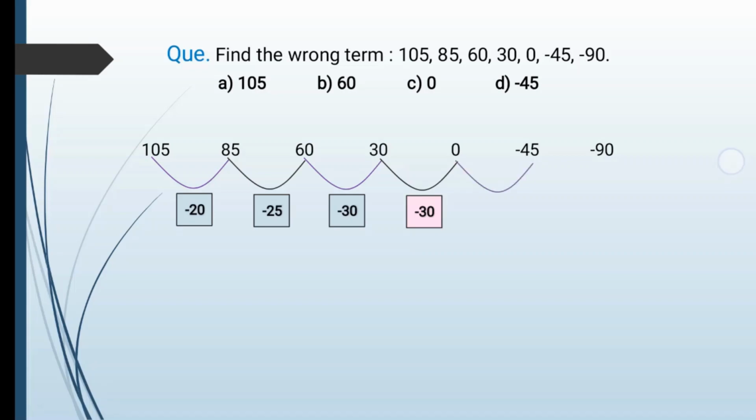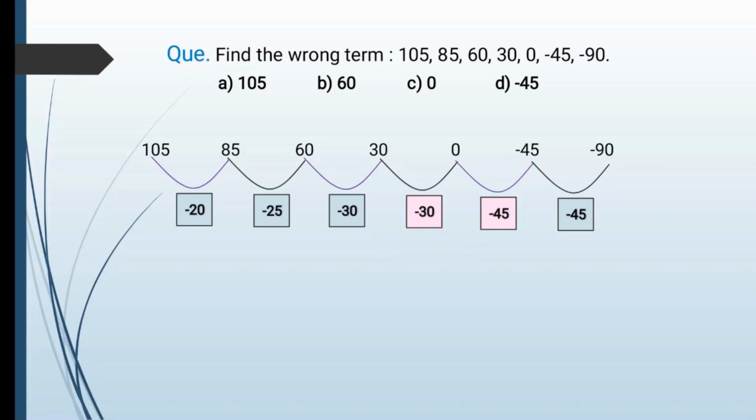And the next difference is minus 45, and the last one is again minus 45. So what is the common term between these two differences? It is 0. So instead of 30, if I had 35, because the differences are minus 20, 25, 30, so next should have been minus 35.